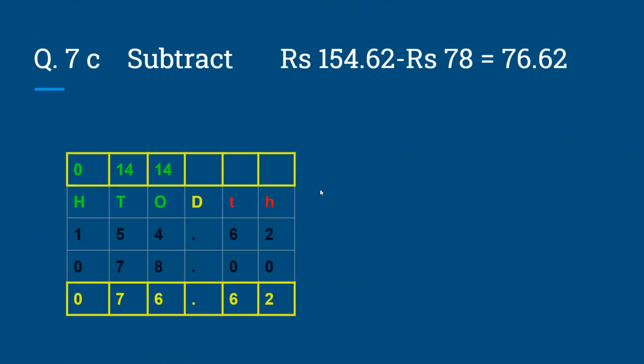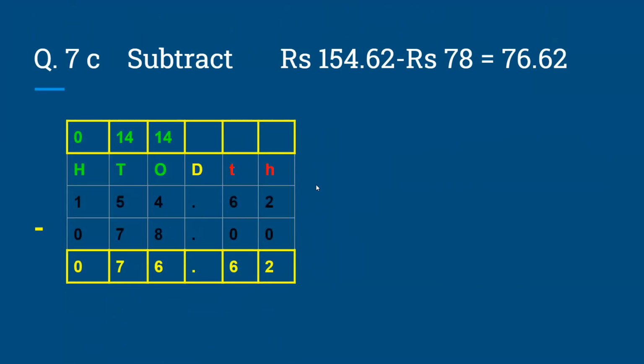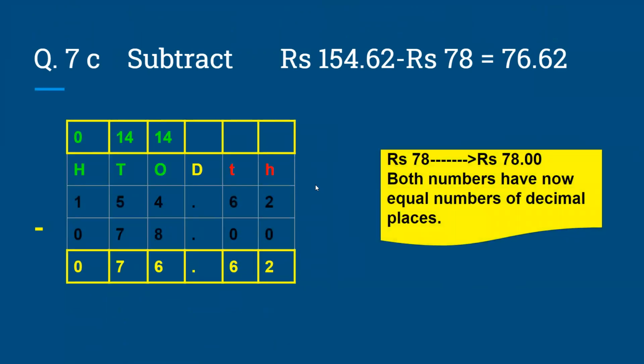We can write the decimal and put the zeros. Why we put 2 zeros here? Because in the bigger number, there are 2 digits after decimal. So we will write rupees 78 as rupees 78.00. Now both the numbers have equal number of decimal places.